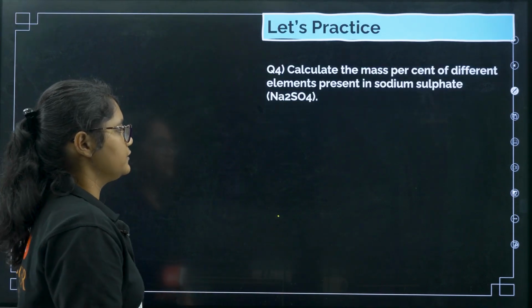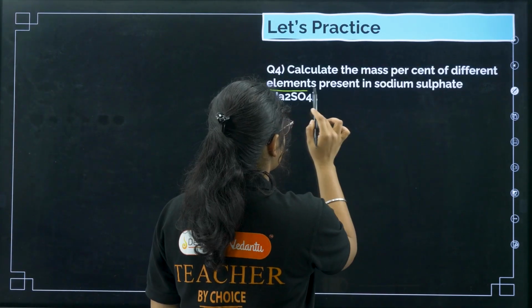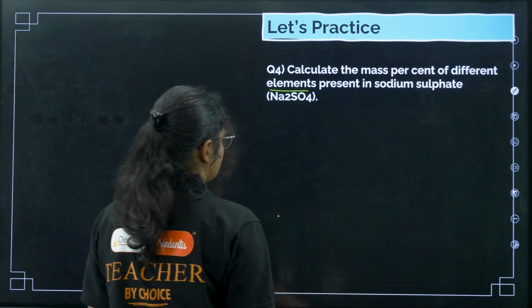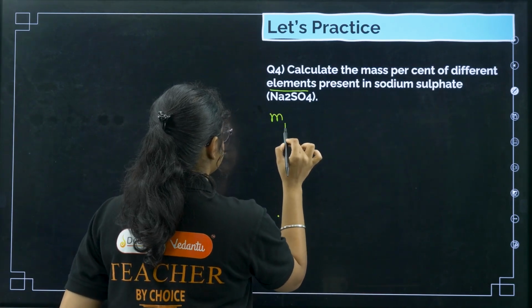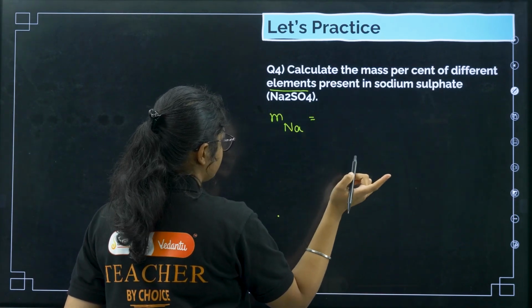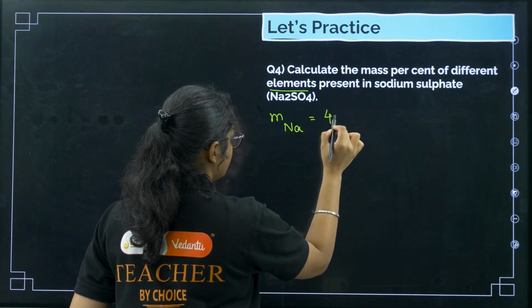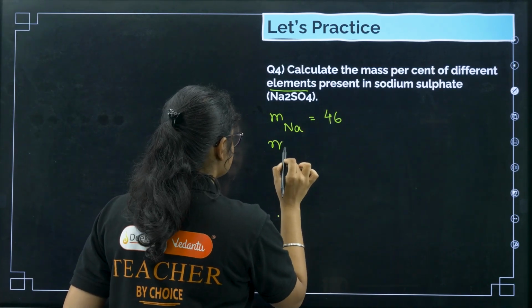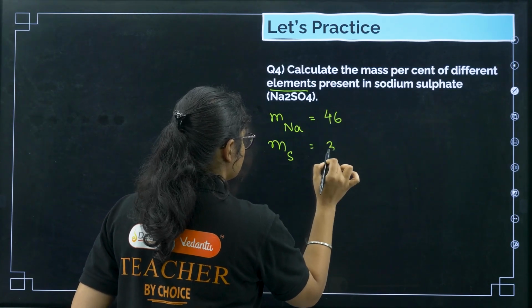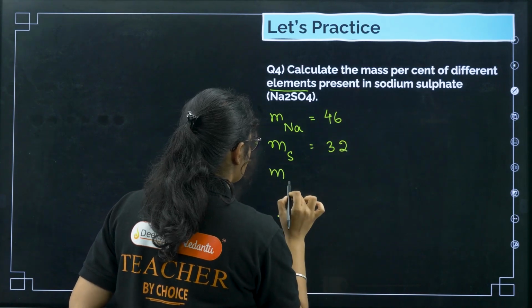Let us try this question. You have to calculate the mass percent of different elements present in sodium sulfate. So what is the mass of sodium? Each sodium is 23, there are 2 sodium, so it is 46. What is the mass of sulfur? 32. What is the mass of oxygen?